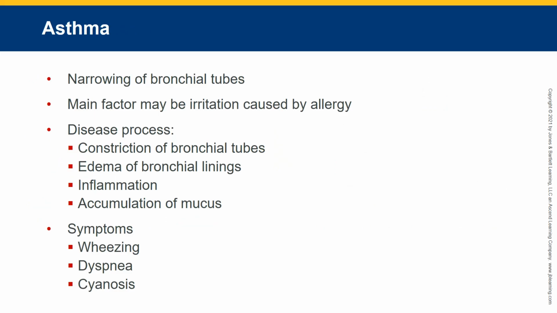And so asthma, I just started to talk about, is narrowing of the bronchial tubes, and that's why someone's having an asthma attack and they take their inhaler. The rescue inhaler will work to open the bronchial tubes very quickly. Often caused by allergies and other kinds of diseases that cause the bronchial tubes to constrict or the linings to get swollen, which effectively makes a smaller lumen of those hollow tubes, right?